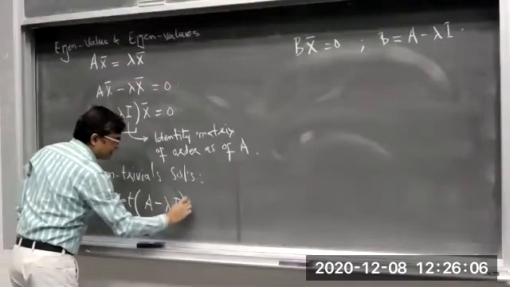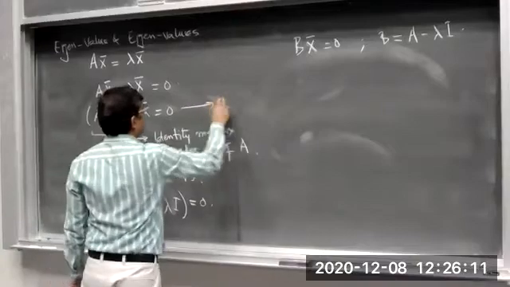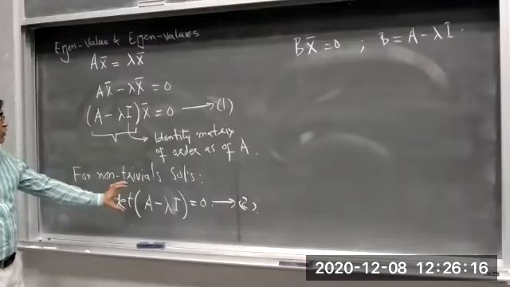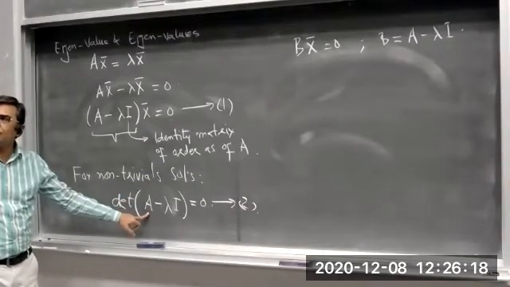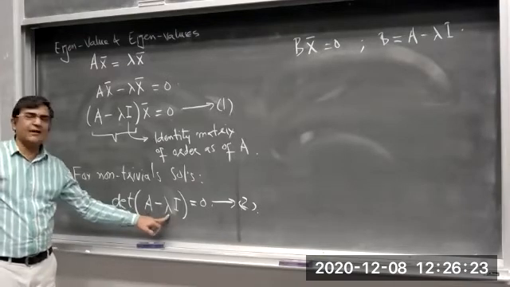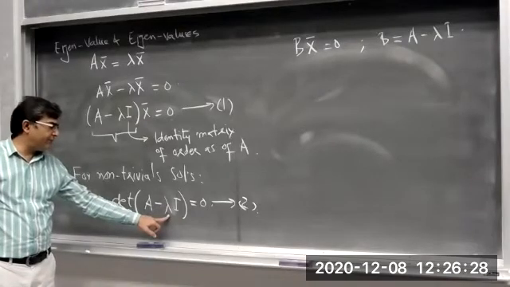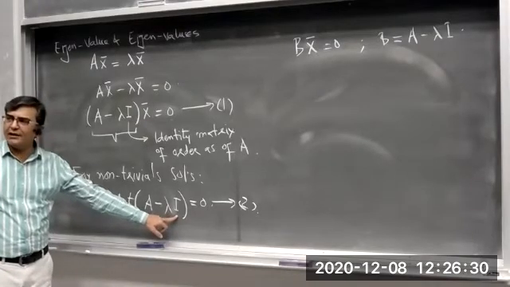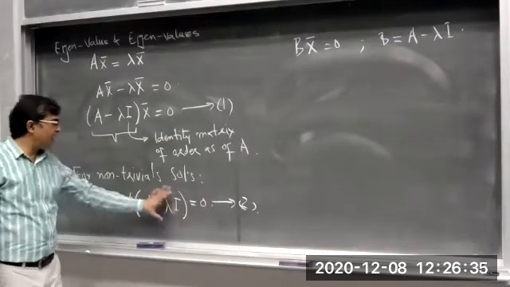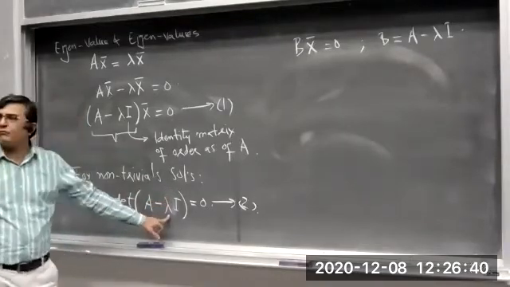So we have two equations: determinant of A minus lambda I is equal to 0 is the second. In equation 2, A is a known matrix, lambda is the unknown value, the eigenvalue, which is to be determined here, and I is the identity matrix, which we know. Now we put this determinant equal to 0, and this determinant gives us the value of lambda.